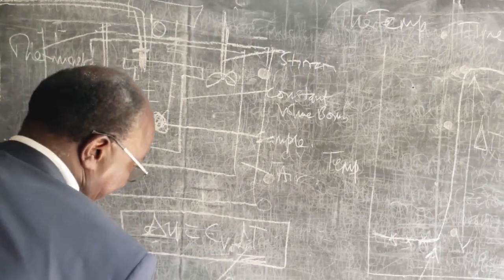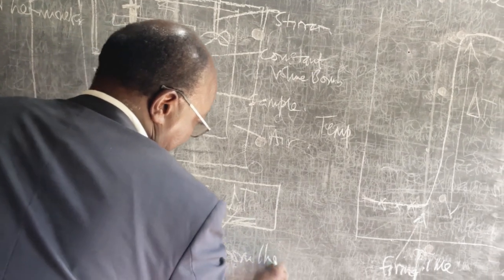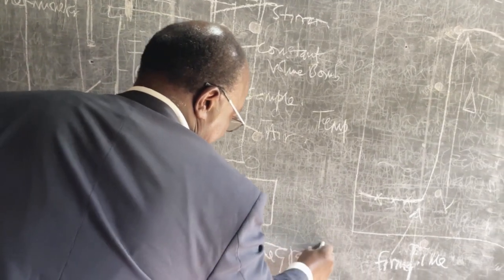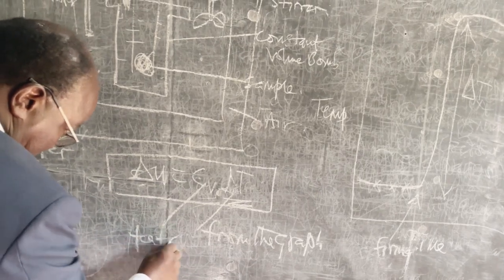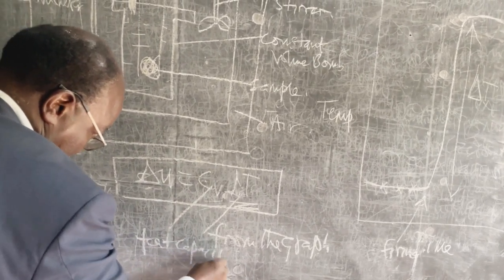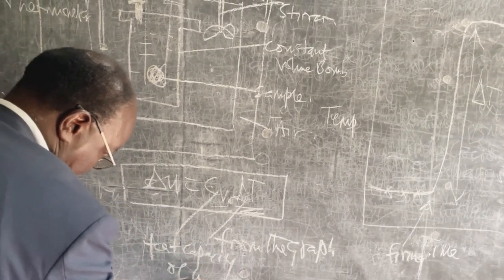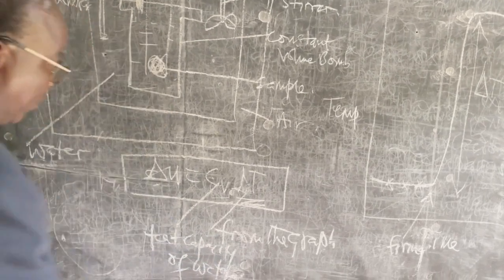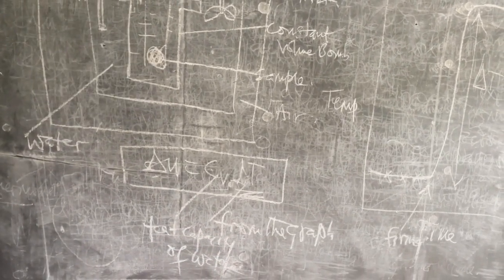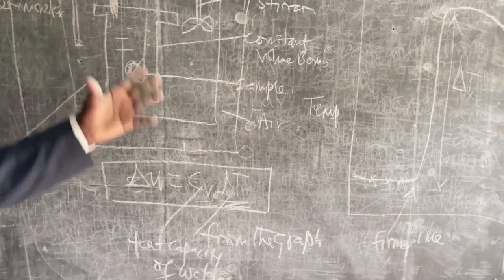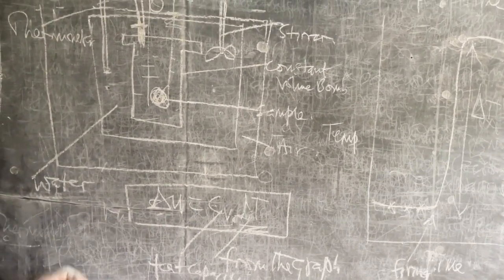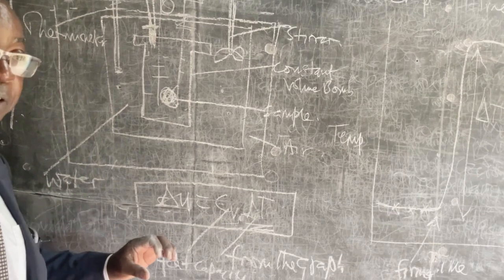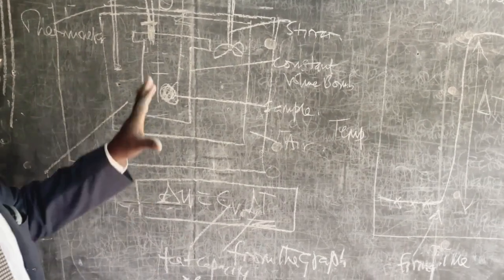Delta T is gotten from the graph, and your CV is the heat capacity of water. So if your sample is a fuel, which is a petroleum product, for example, you burn that, and you are able to know the energy content of that particular fuel. So this is now a very practical application of the bomb calorimeter.